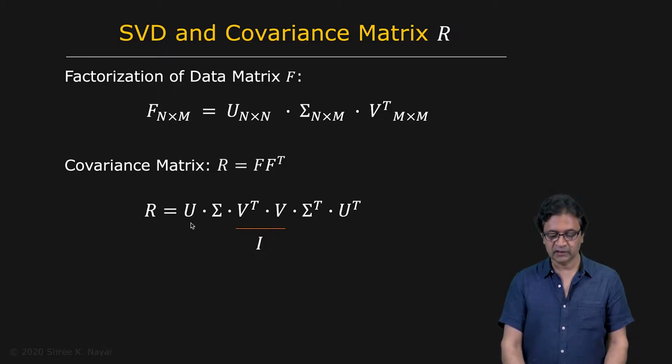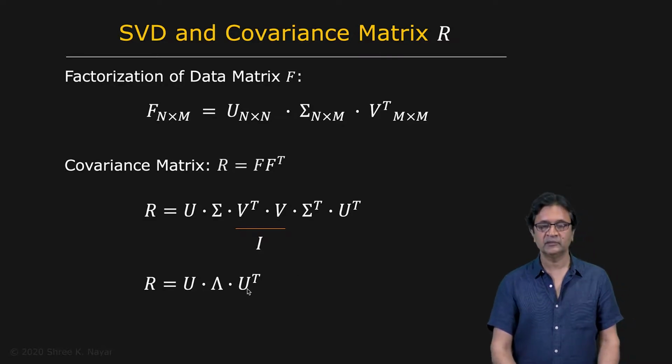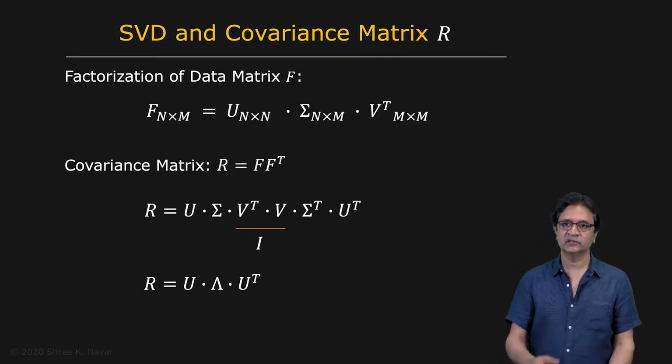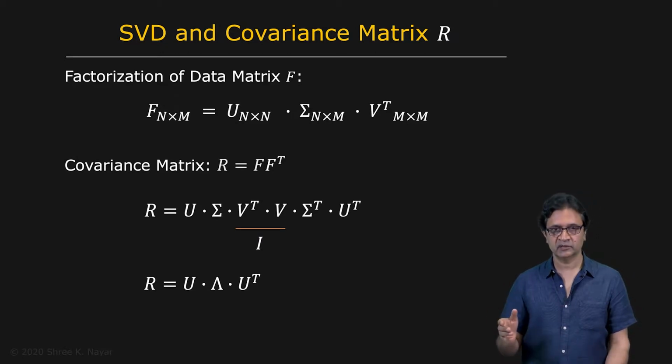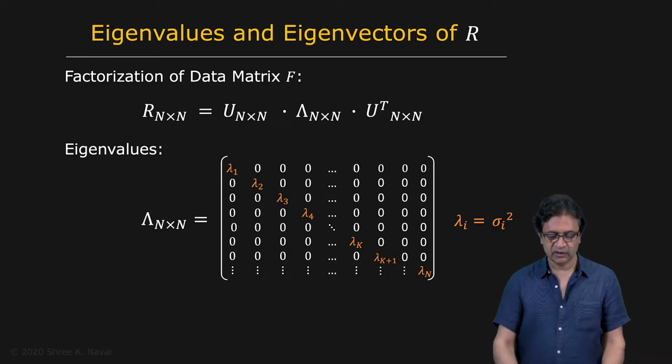And you can rewrite this expression as U times a new matrix lambda times U transpose. And what is lambda? Lambda is just sigma times sigma transpose. So it's a diagonal matrix multiplied by the transpose of the diagonal matrix, which is a diagonal matrix. And so lambda looks like this.